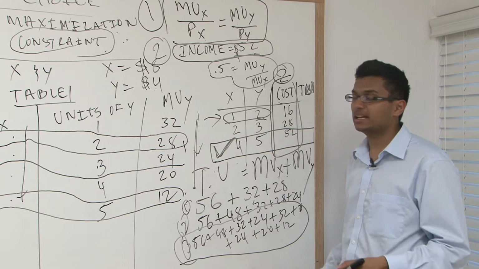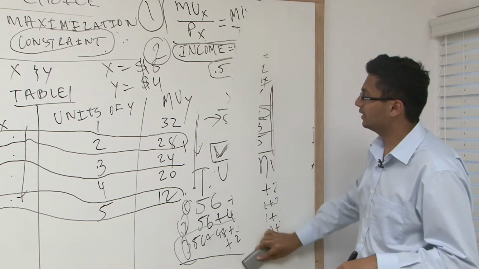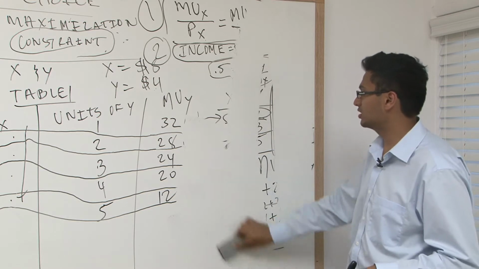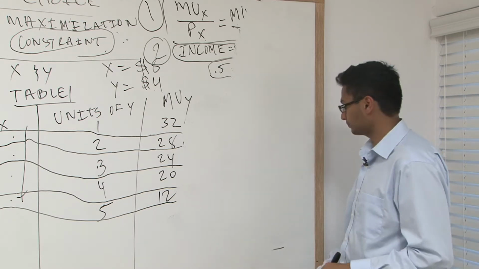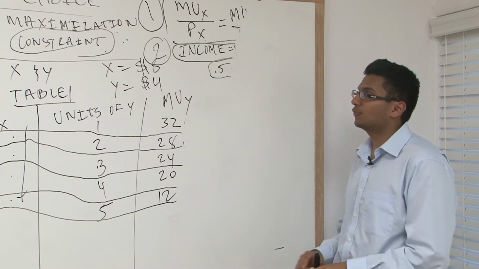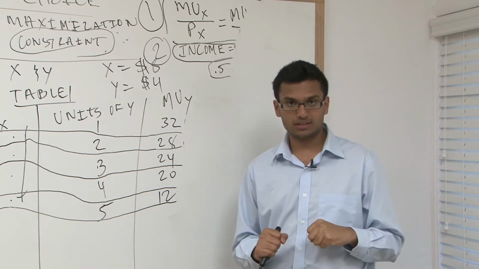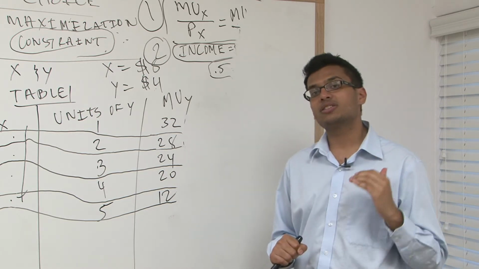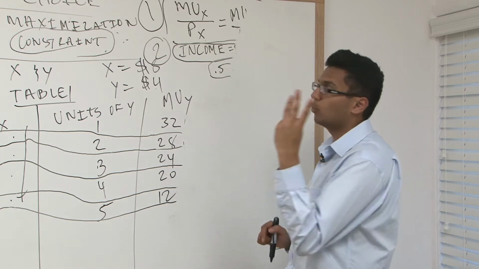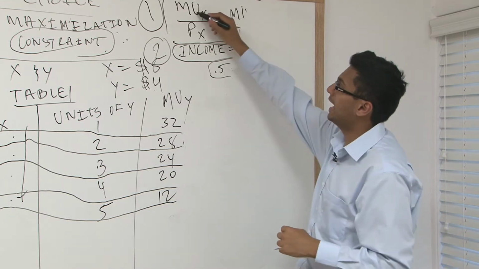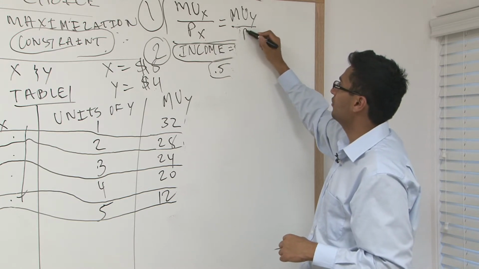So that being said, to wrap this up, I'm going to erase this and tell you guys steps 1, 2, and 3 again. For a utility maximization problem that gives you a constraint, there are 3 things to do. 1, calculate the MUX over PX and MUY over PY ratio.